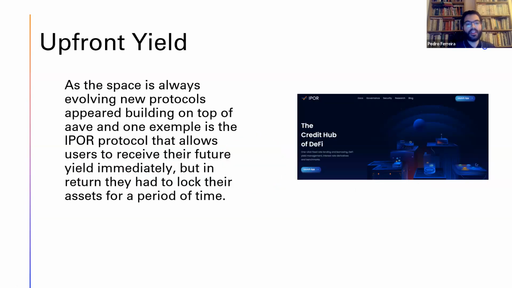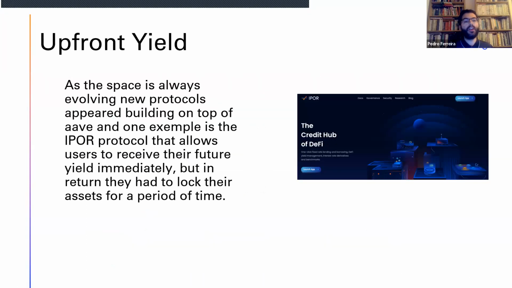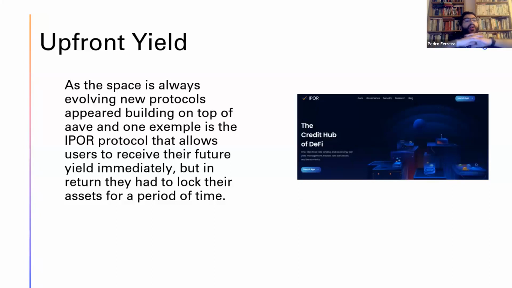Okay, knowing that these DeFi borrow and lending platforms are very used, as you see, it has a lot of liquidity. This is just on the AVAX chain, because Aave has around 7 billion dollars, I think, in deposited assets. What are the platforms in this case? A Portuguese one, IPOR, which is a protocol that allows you to receive the yield upfront.